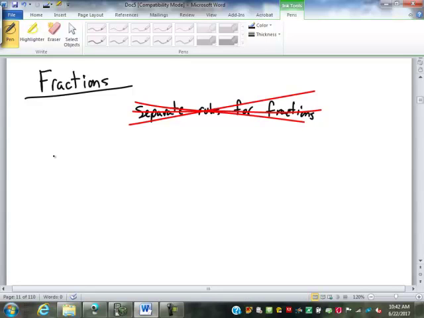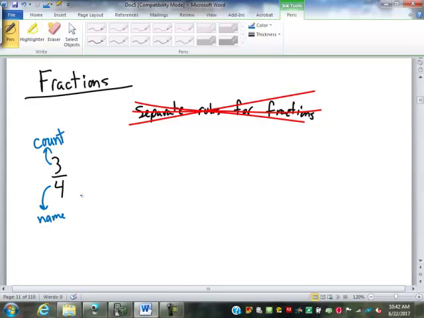So the first thing is to look at just a simple fraction like 3/4. Remember, we said the top number, which is called the numerator, is a count. To numerate means to count or to give a value. And the bottom number, which is called the denominator, is a name.